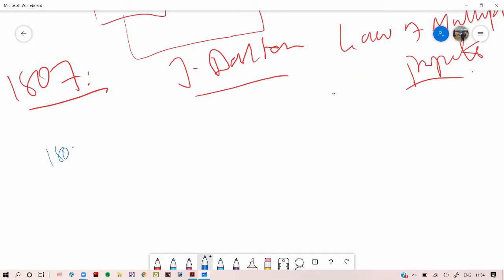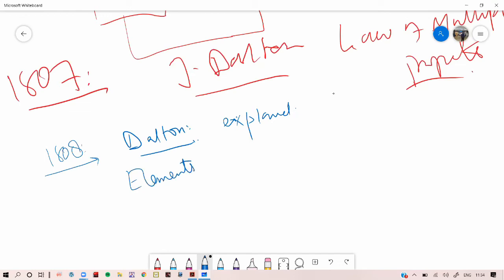So in 1808, Dalton explained these laws, the definite proportions as well as the multiple proportions, by making a hypothesis. What was that hypothesis? That the elements, that means the gases, are composed of discrete atoms.